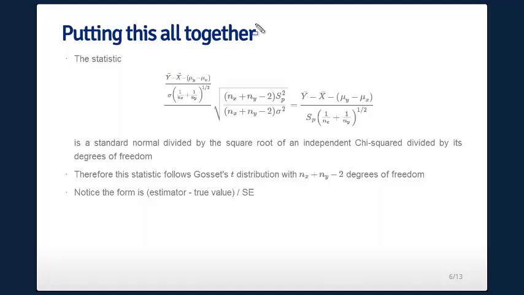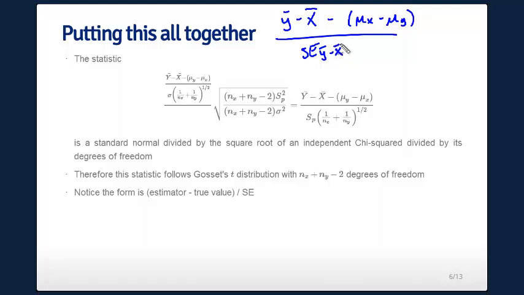So if we take this z statistic, y bar minus x bar minus mu y minus mu x, over the true standard error of y bar minus x bar, not the estimated standard error, we know that that's normal. It's asymptotically normal, but also if the y's and the x's are individually normal, then this is exactly a normal distribution.